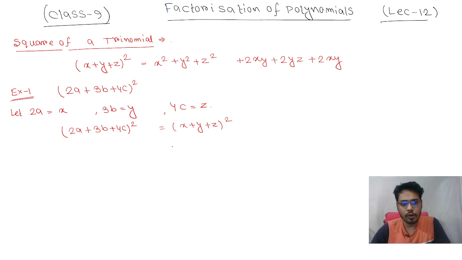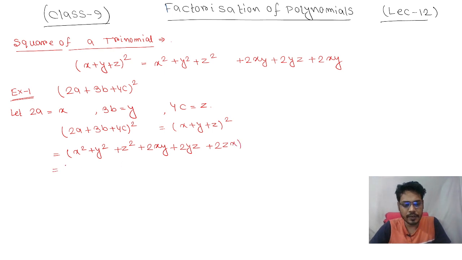So the formula is x square plus y square plus z square plus 2xy plus 2yz plus 2zx.